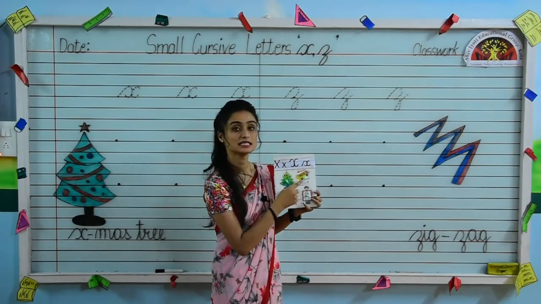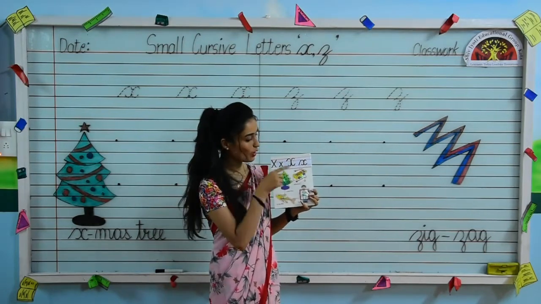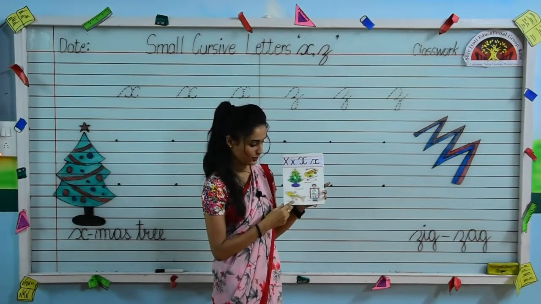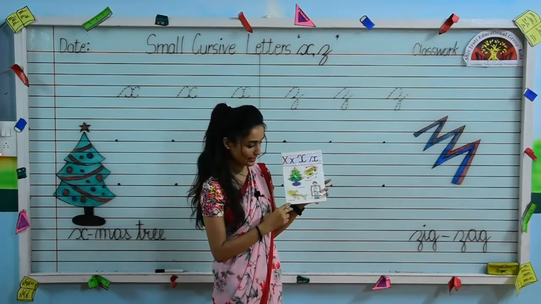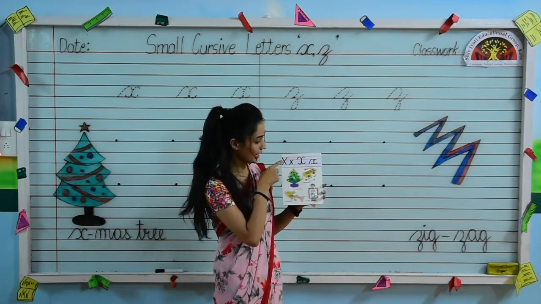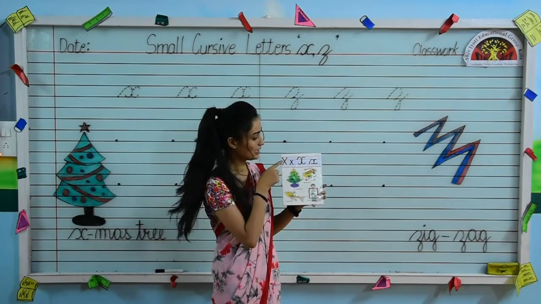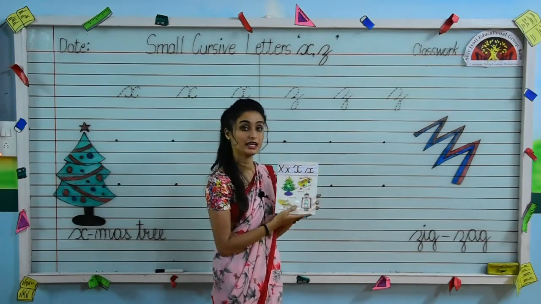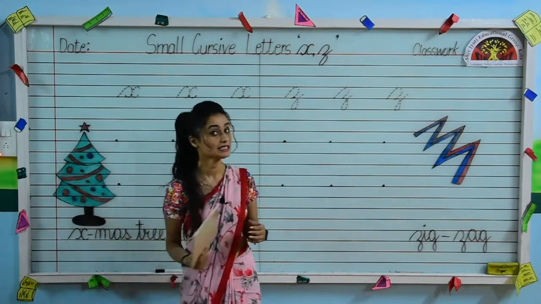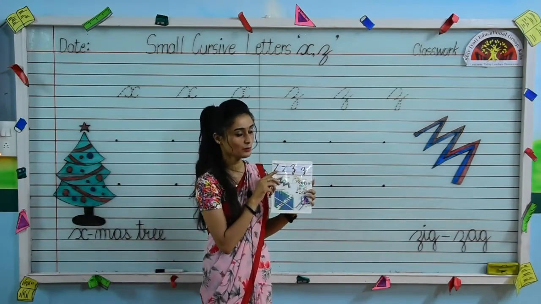X for xylophone. X for X-ray fish. The next is X-ray. X for X-ray. Now we will see different vocabularies for Z and also the formations.